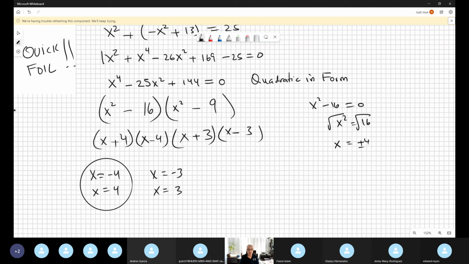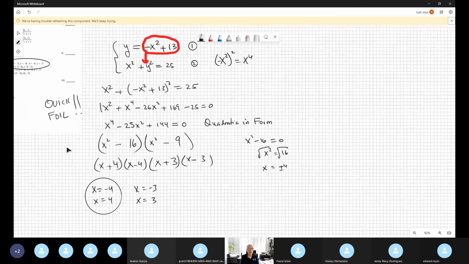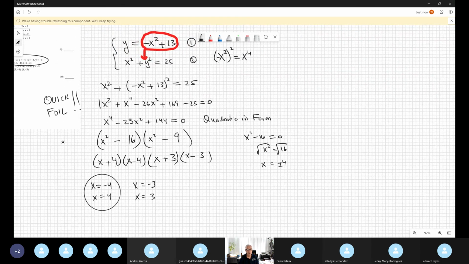I have to find the y value, I use substitution, and the easier equation, because of course the linear is waiting for me because y is already isolated. So y alone, but in this case I take advantage, get the same number, positive and negative inside the square. This is minus, I plug it in both, positive and minus 4 squared plus 13.